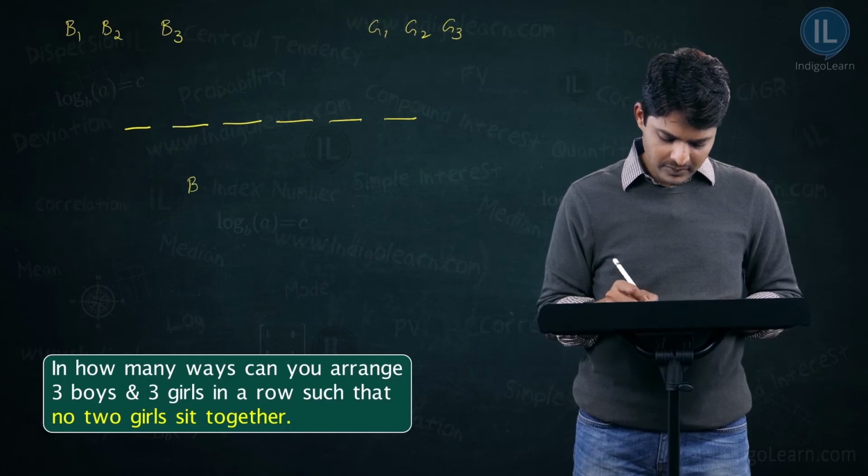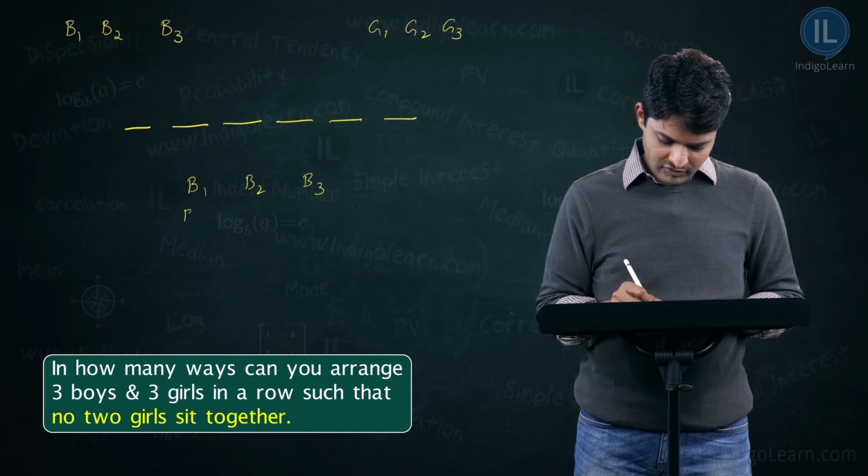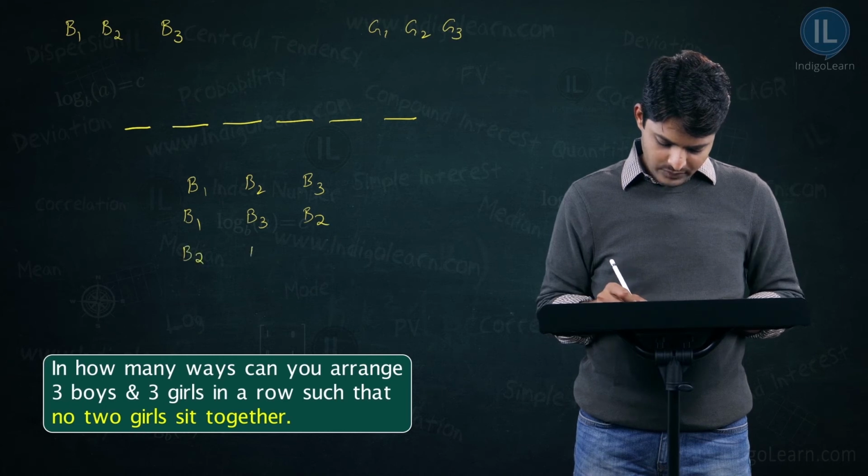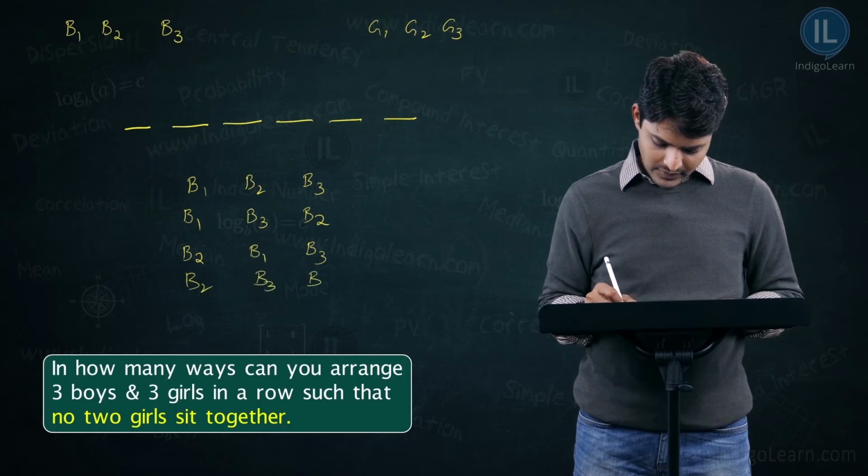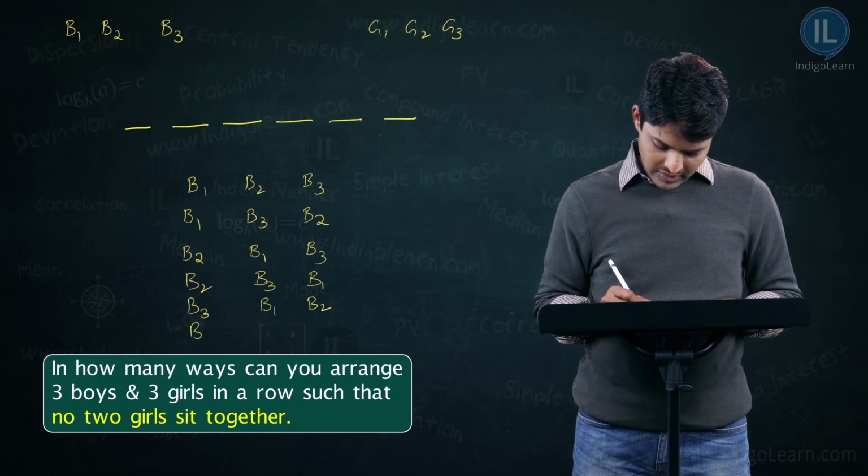So it can be B1, B2, B3, B1, B3, B2, B2, B1, B3, B2, B3, B1, B3, B1, B2, B3, B2, B1.